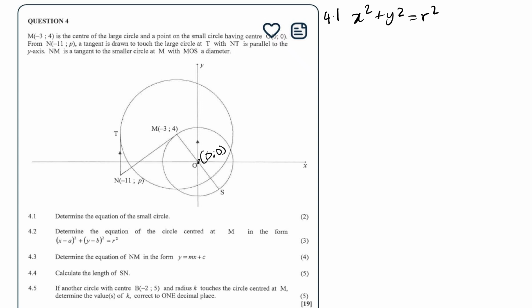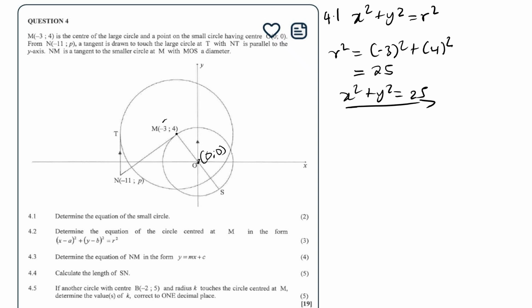The point on the small circle is point M. To find r squared, we say r squared is equal to x, which is -3, squared, plus y, which is 4 squared, and it will give us 25. Therefore, the equation of the small circle is x squared plus y squared equals 25.